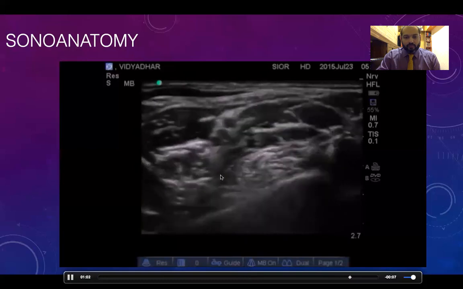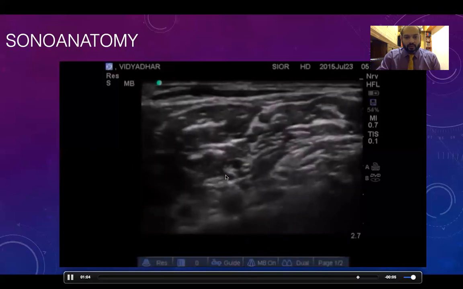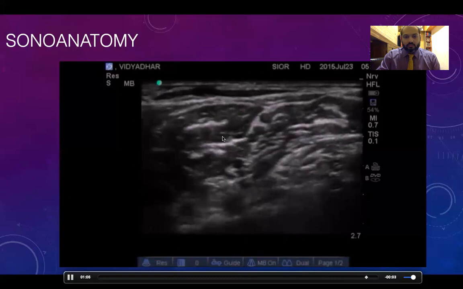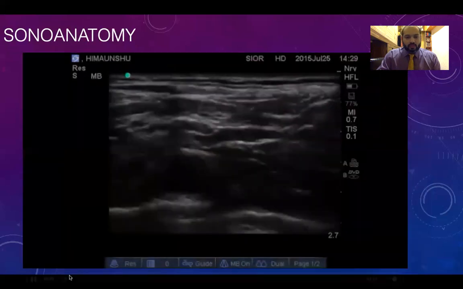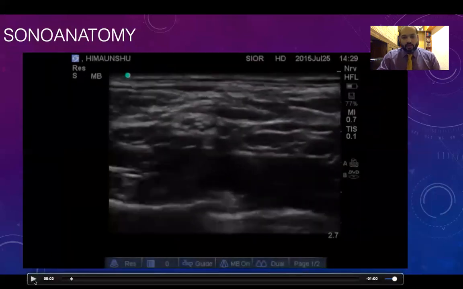If we refine our scan, we can see this traffic signal sign in between the scalene muscles. Not necessarily in every patient will we get to see the traffic signal sign, but in most of the patients we do see it. The other method is that we start scanning from the supraclavicular area and then go cephalad.